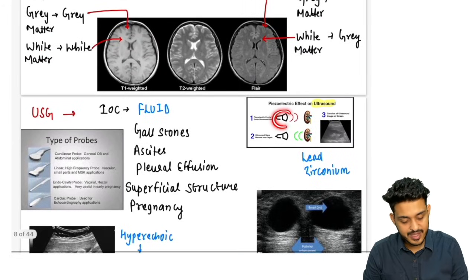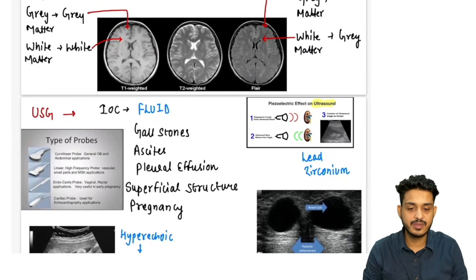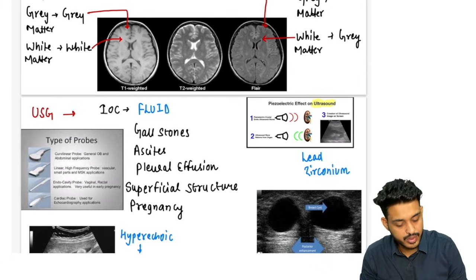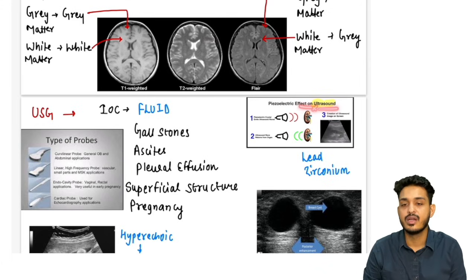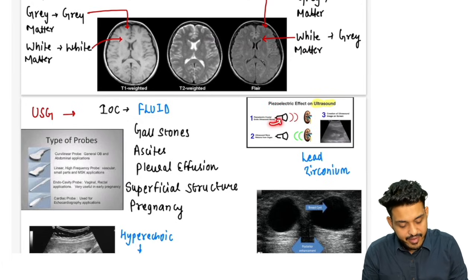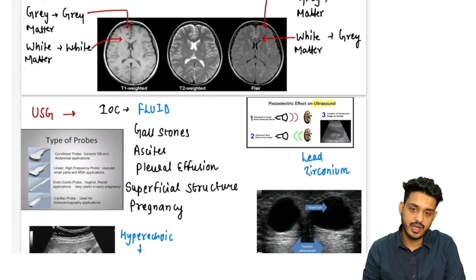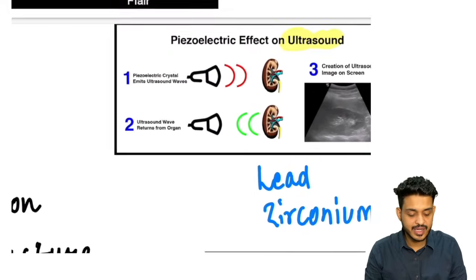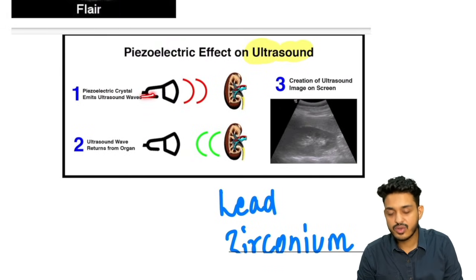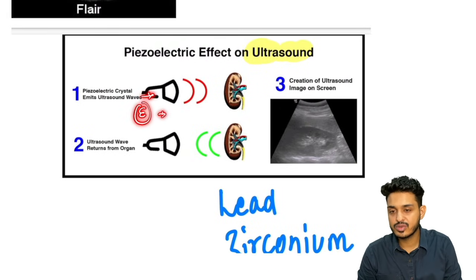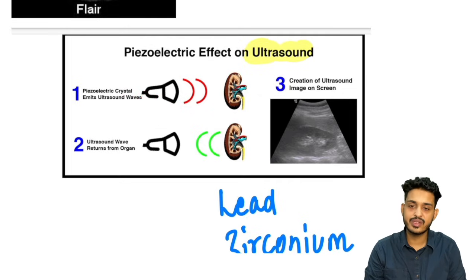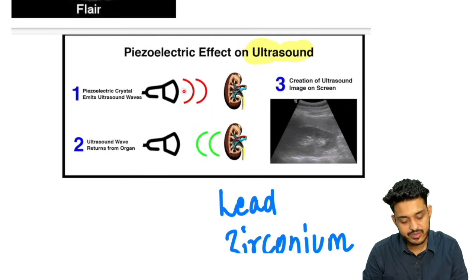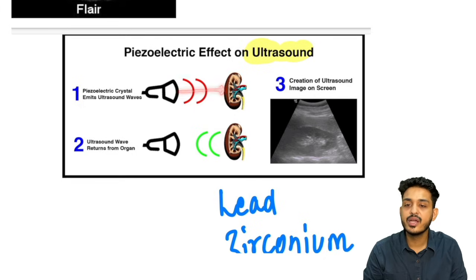So what is the principle of this particular ultrasound, beta? The principle of ultrasound is the piezoelectric effect. We have piezoelectric crystals present over here, and their function is to convert electrical energy into sound waves. These sound waves go into the body, reflect, and come back.